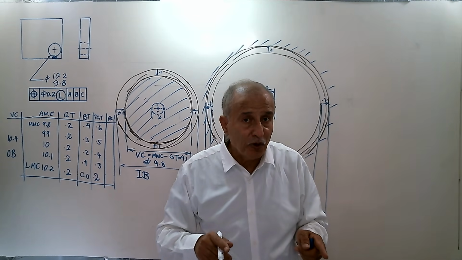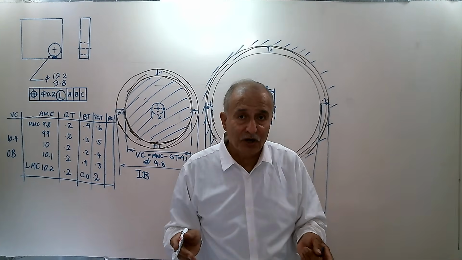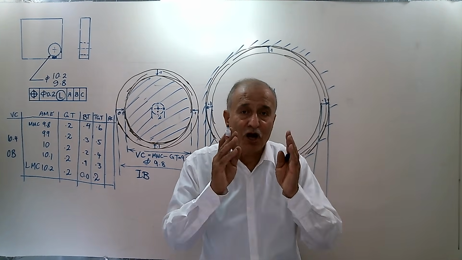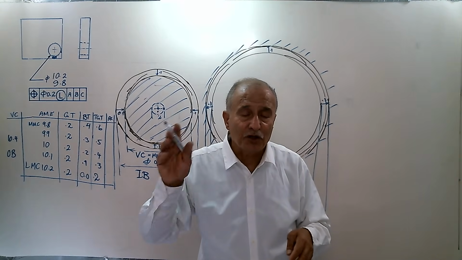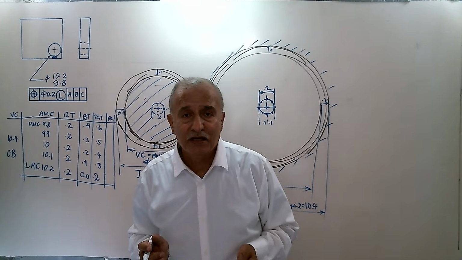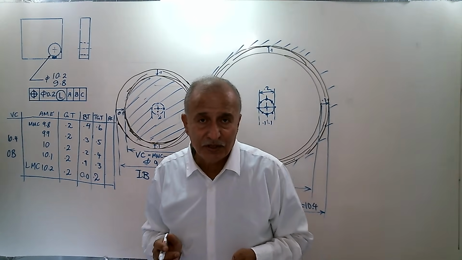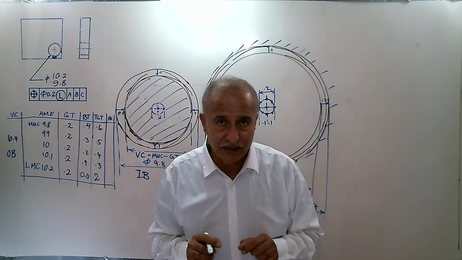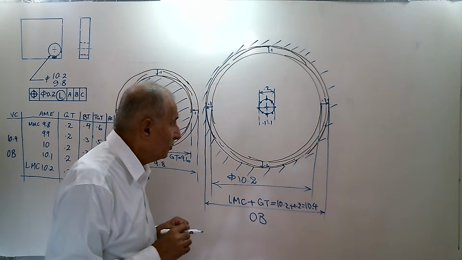It cannot happen for one part, but if you produce many parts, sometimes they are shifted to left, sometimes to right, sometimes top, sometimes bottom, then you can draw many holes, and all of these holes are enclosed by a circumscribed circle, which we call the smallest circumscribed circle. That's the outer boundary of the hole.